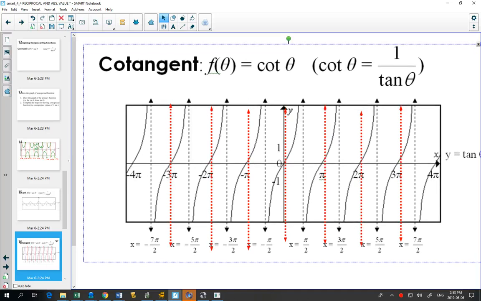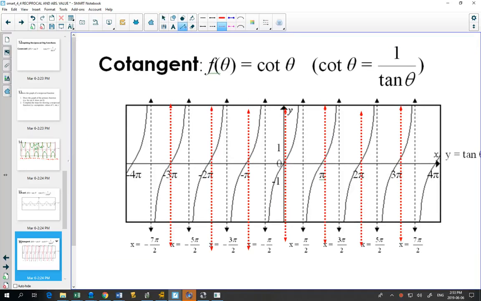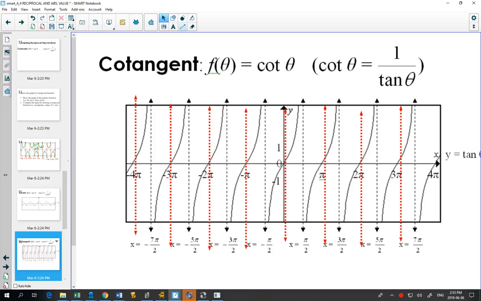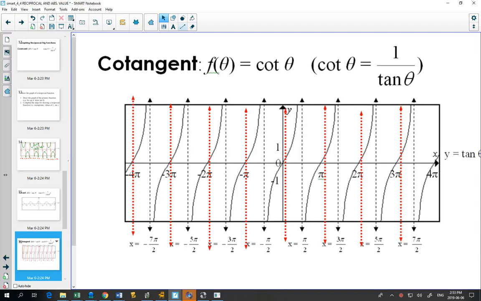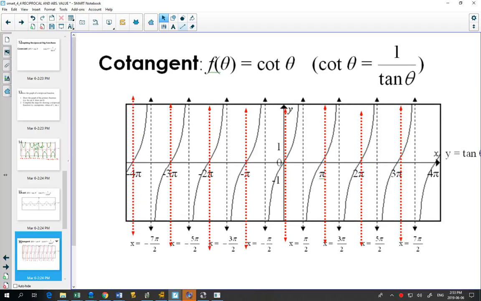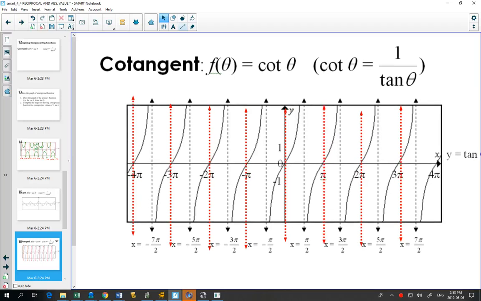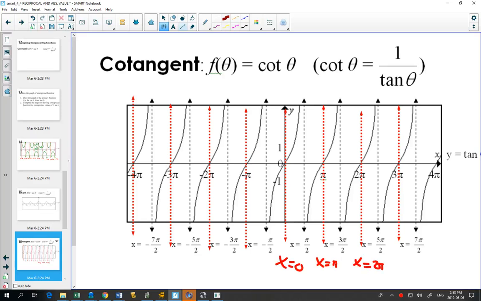Okay. They all lined up. I mean, you could start labeling them x equals 0, x equals pi, x equals 2 pi, x equals negative pi, x equals negative 2 pi, and so on.